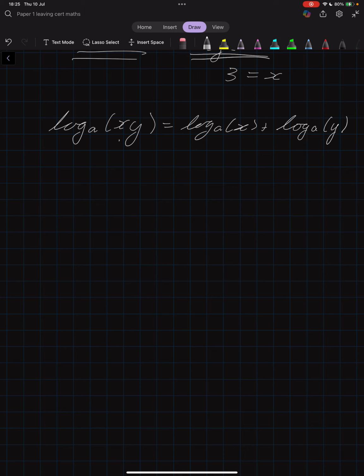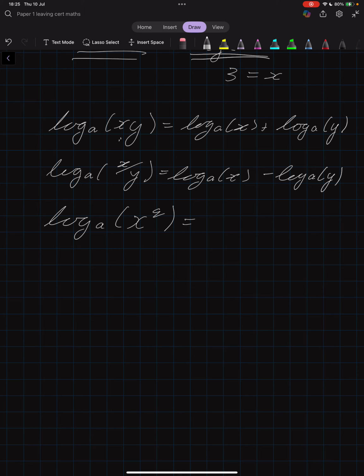Same thing, if we do log to the base a of x over y, this is log to the base a of x minus log to the base a of y. You can do log to the base a of x to the power of q. That's equal to q log to the base a of x.